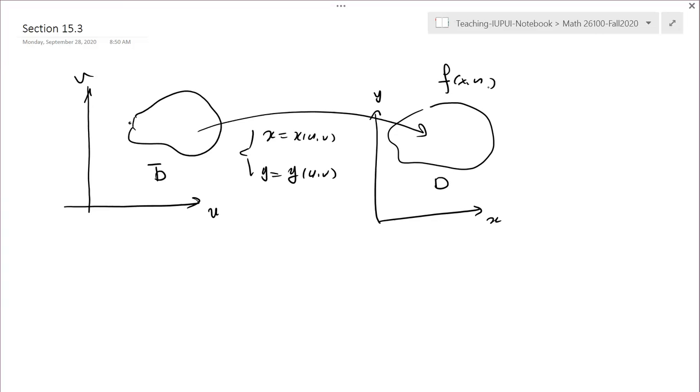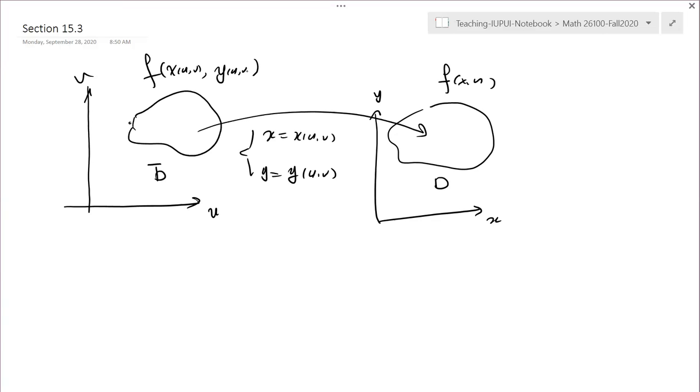But if we compose it with the map, so this is a function, right? The function is actually defined on the domain. So this is a composition of two functions, the function and the map.